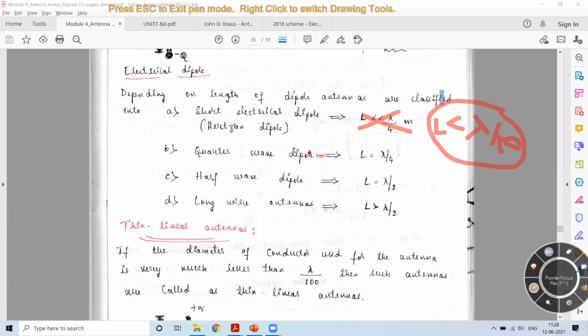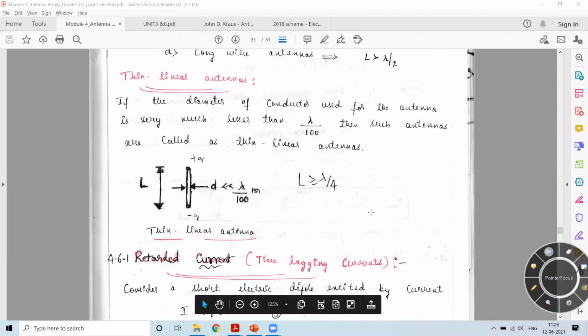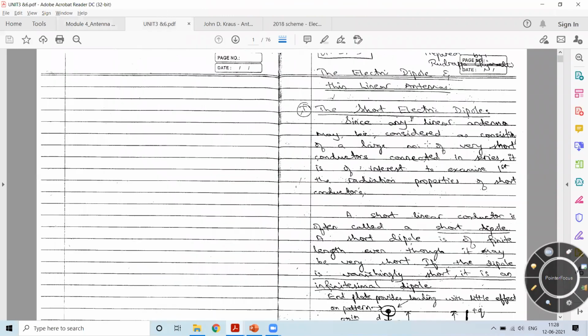If this condition is satisfied, then it is a short dipole, or else it will be a non-short dipole. So these are the specifications pertaining to the dipoles.